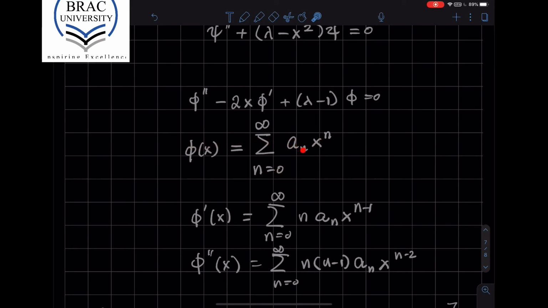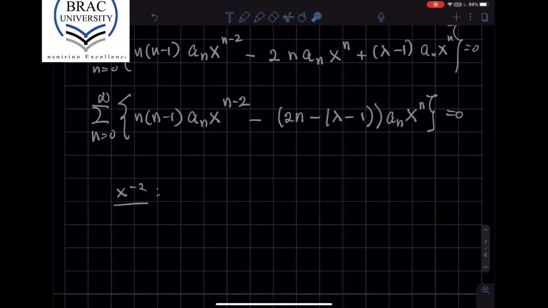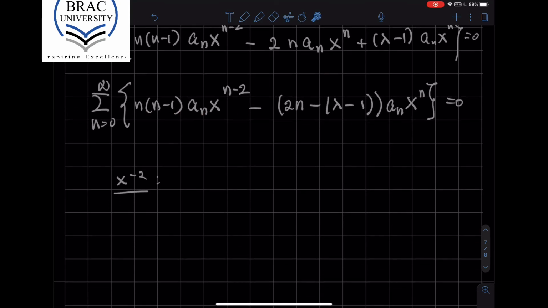So it's going to contribute only the first term. If I put n equals 0 here, we get 0 times minus 1 times a_0 equals 0. So this doesn't really fix a_0.